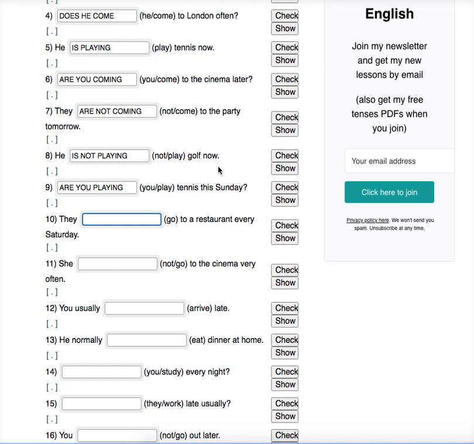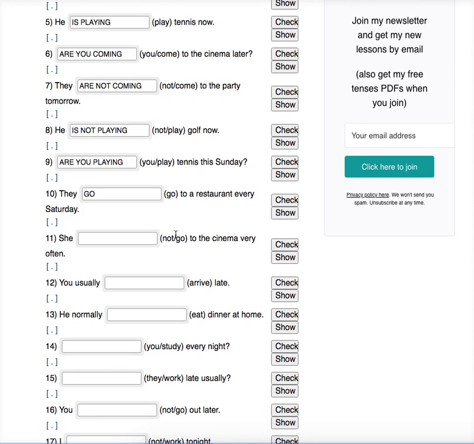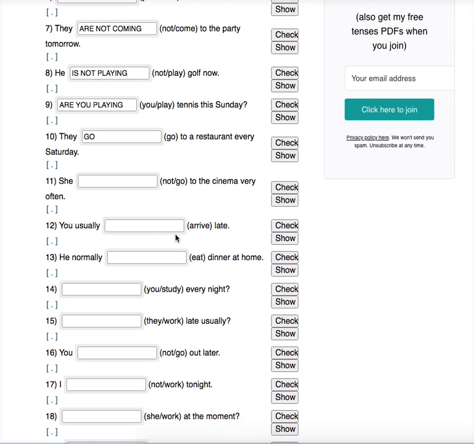They go to a restaurant. Mira que acá no tienes que hacer nada, solo poner el verbo. No le pones ese porque no es tercera persona, no es ni he, ni she, ni it. ¿Ok? Y como es tan simple, pues nada, solo pones el verbo normal. They go to a restaurant every Saturday. ¿Listo, Sophie? Okay, Miss. Let's continue.